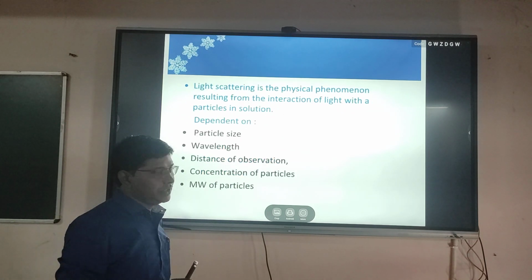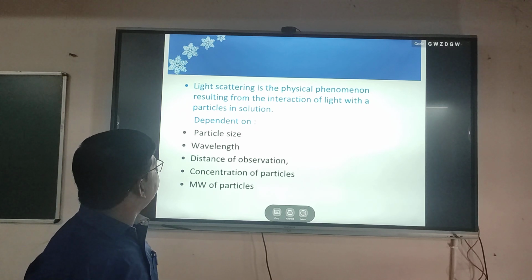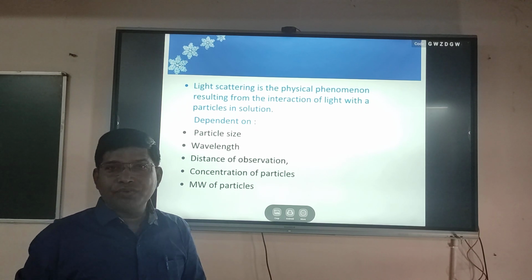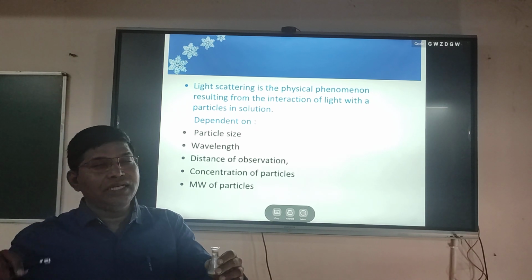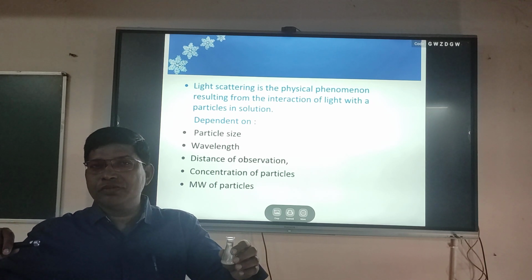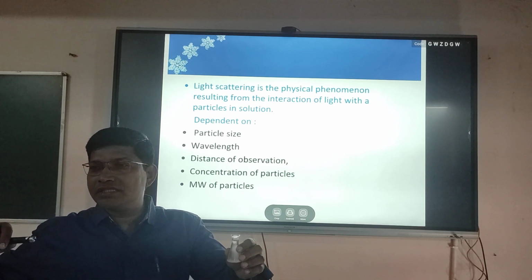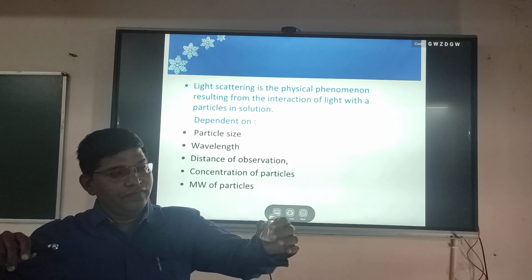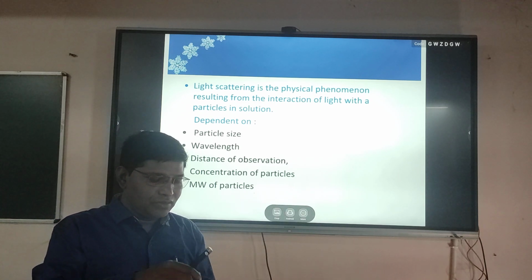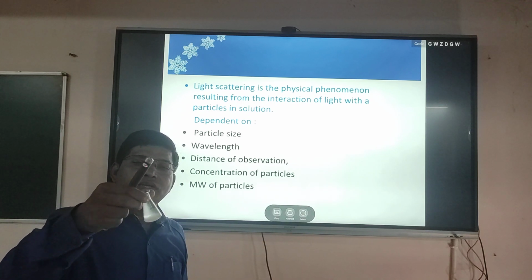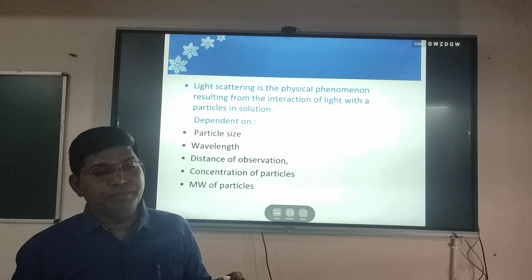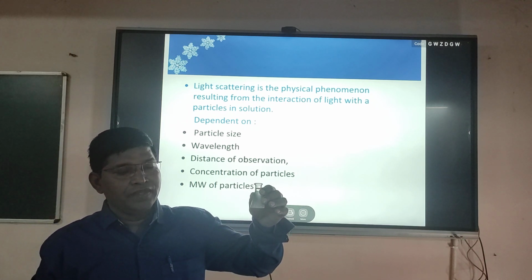So we have both a nephelometer and a turbidimeter, and generally both techniques are used for turbid solutions, suspended particle solutions. Suppose this is a solution of barium sulfate.